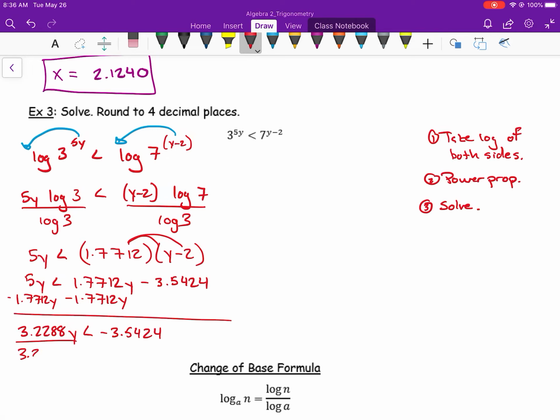Divide by 3.2288. We get y is less than negative 1.0971.